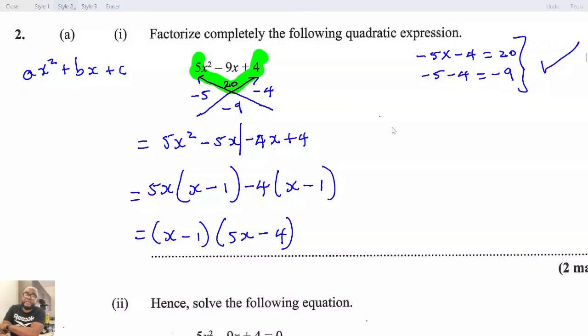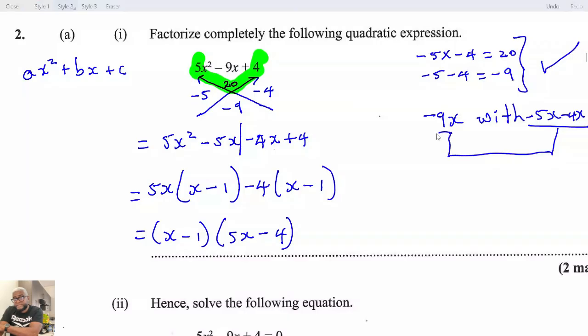You replace the -9x with -5x minus 4x. This works out to be this, right? So the equation in its essence is not changing, right? Okay, so -5x minus 4x is replaced there.